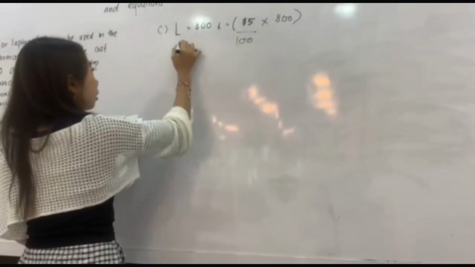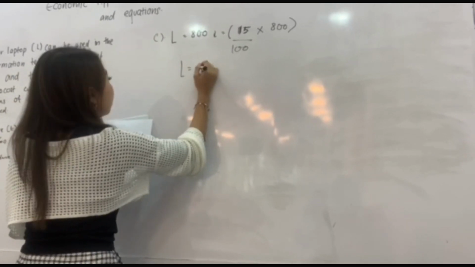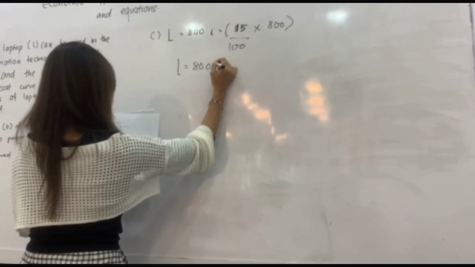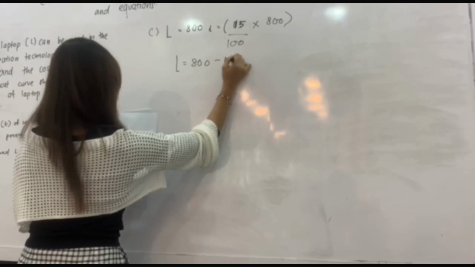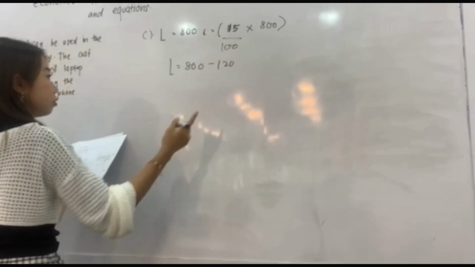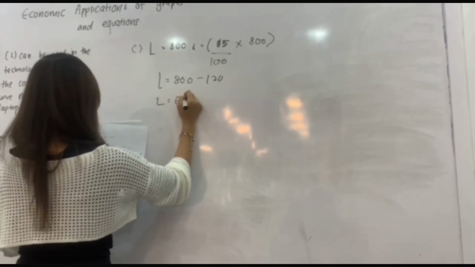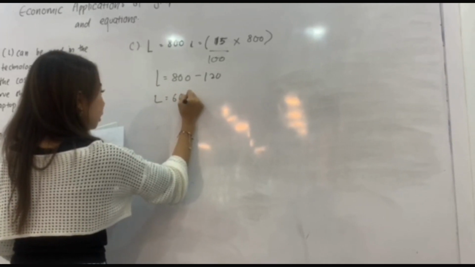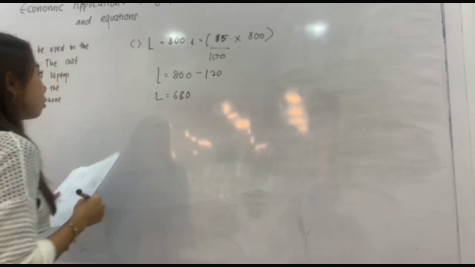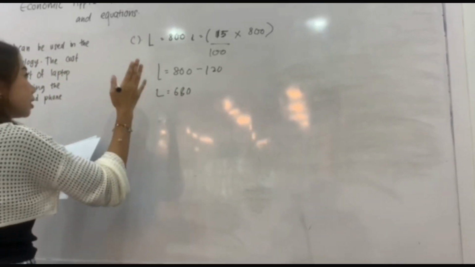Okay, so turunkan L, 800 minus 120, L equals 680. So this is for the final step.